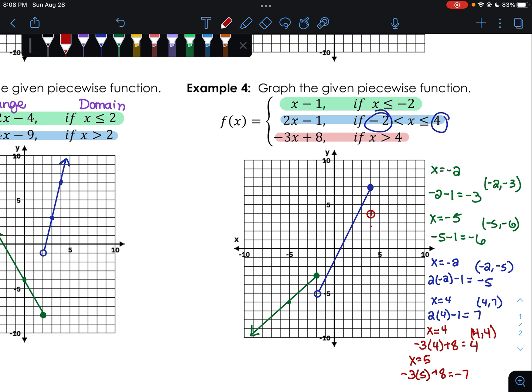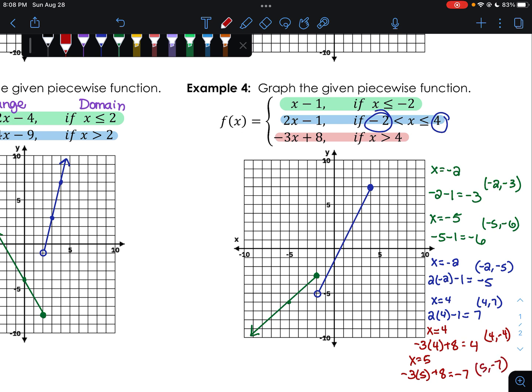And I just realized that I did graph that last point wrong, so I'm hoping y'all caught my mistake. Negative 12 plus 8 is negative 4, not positive 4. So that point should have been 4, negative 4. So hopefully you caught that mistake that I made. And then the one we just had was 5, negative 7.